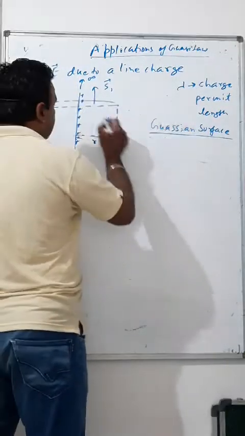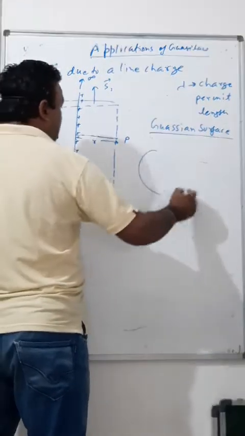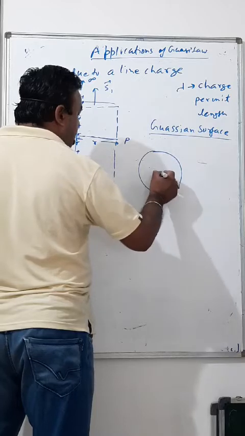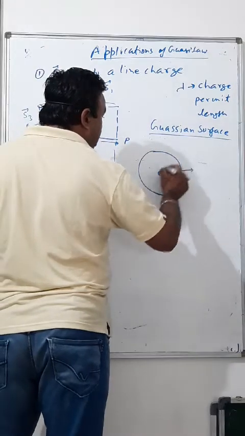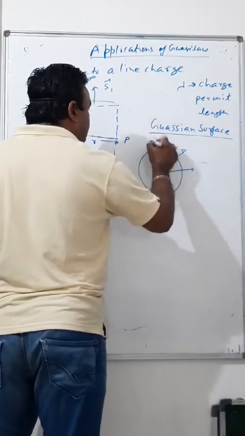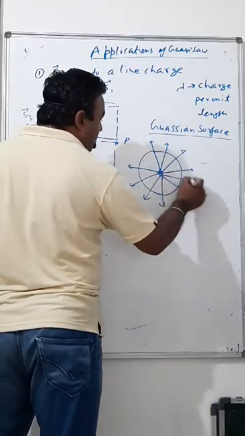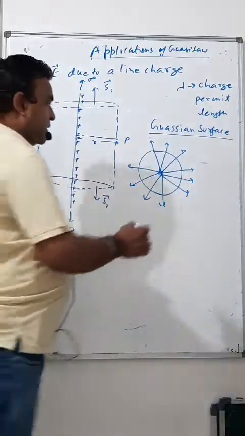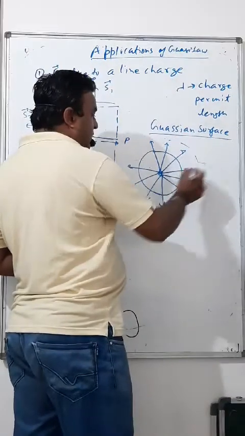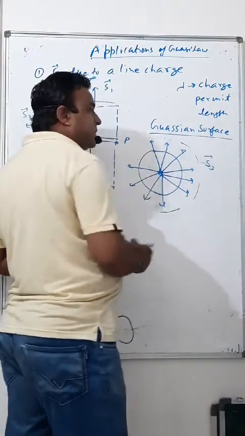You can see it in this way for this S3. I draw this is the wire. This is the direction of the area vector.